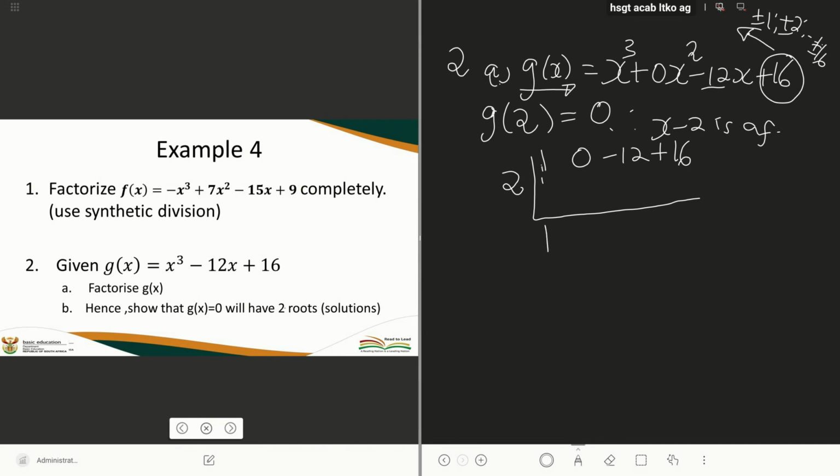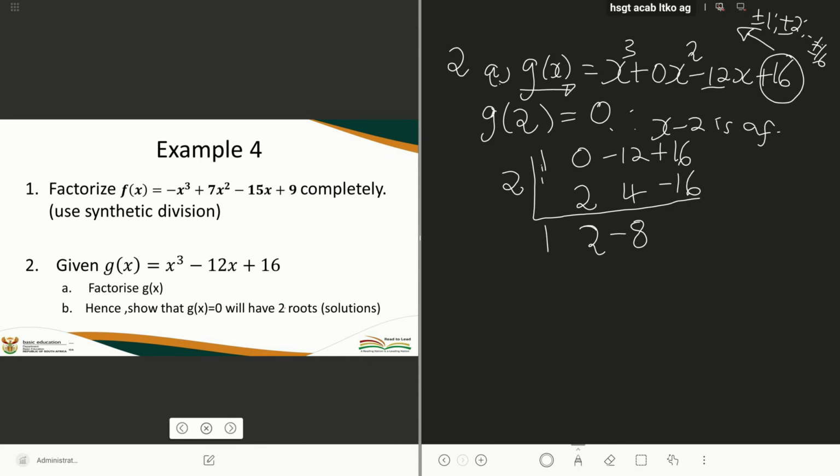Then what do we do? 1 multiplied by 2, positive 2. 0 plus 2, positive 2. Right? 2 multiplied by 2 is positive 4. Minus 12 plus 4 is going to be negative 8. 2 multiplied by negative 8 is going to be negative 16.